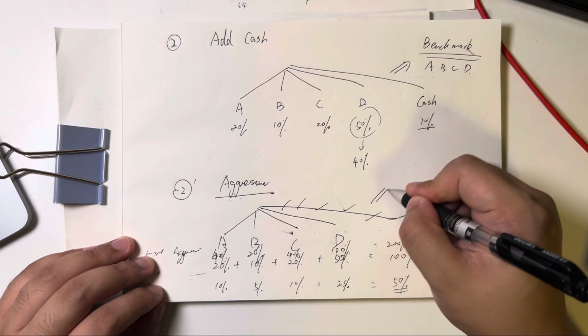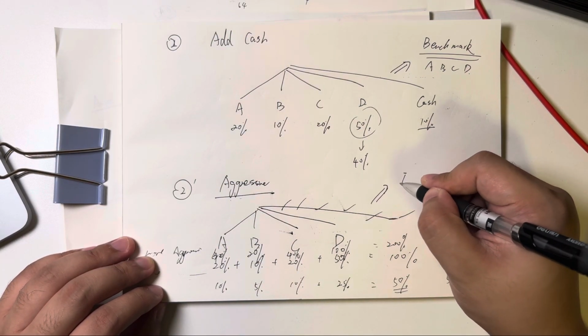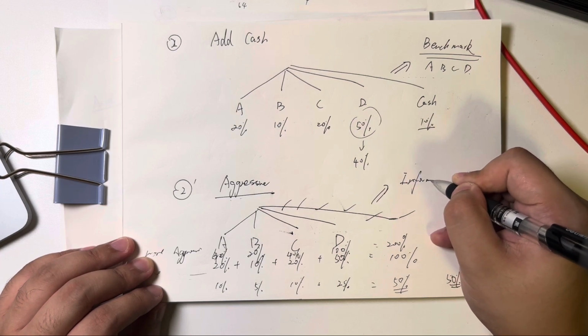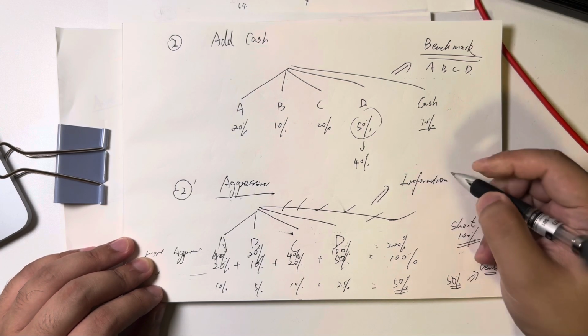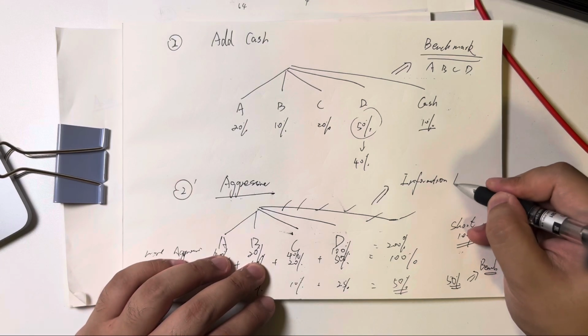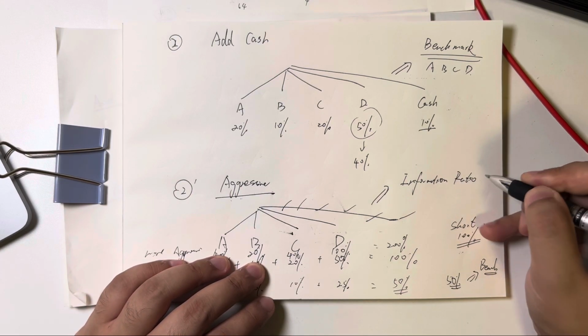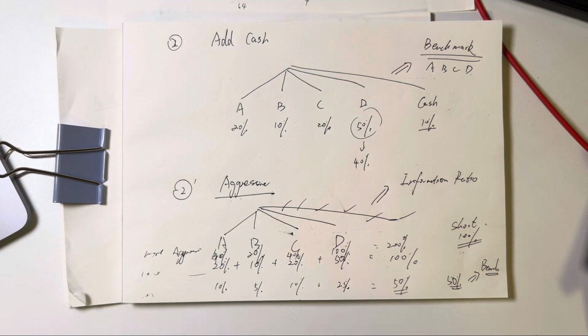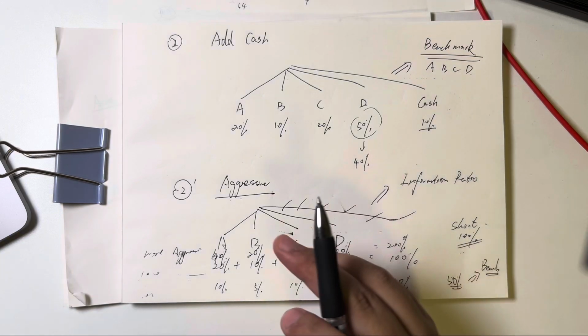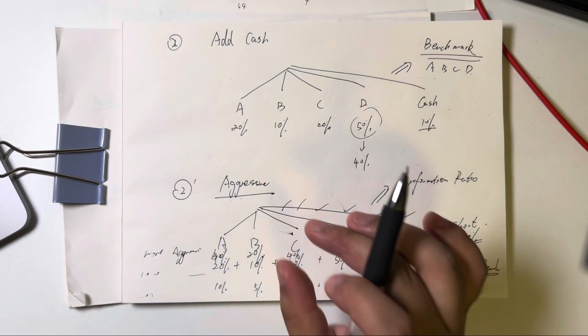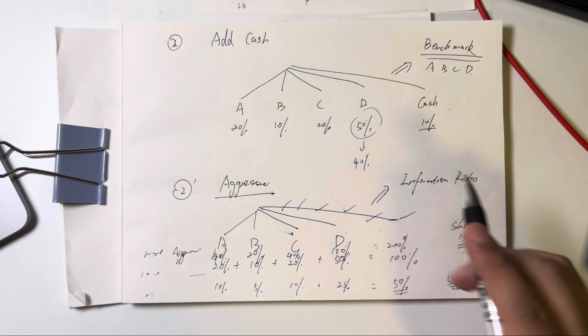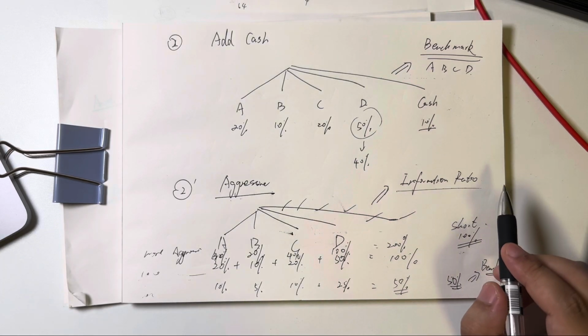So how you choose, we use the information ratio as a criterion of whether you are doing well or not. Okay, so that aggressiveness does not hide how good you are, even though you just invest a tiny little amount, that tiny little amount can still have a benchmark and the information ratio won't change.